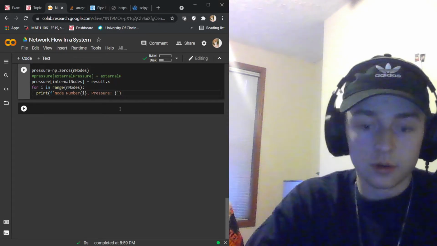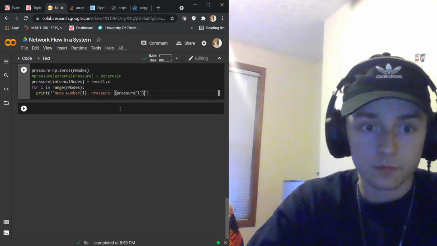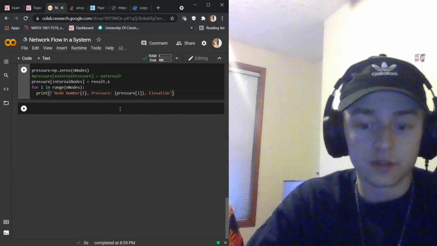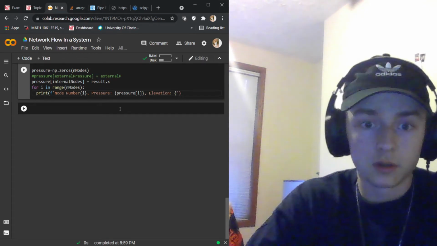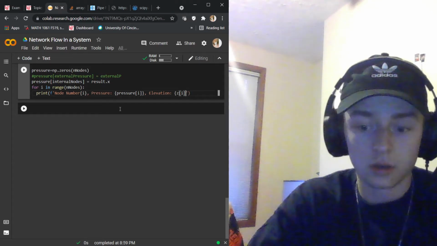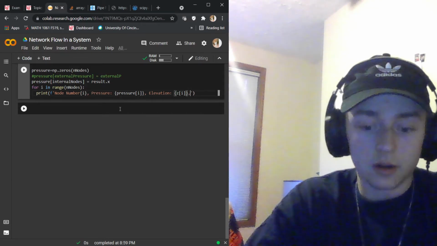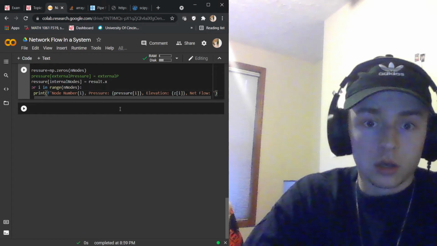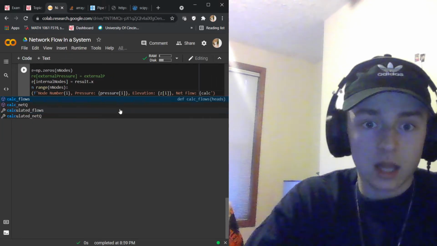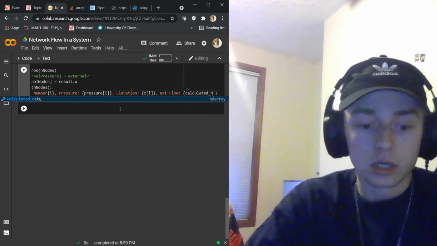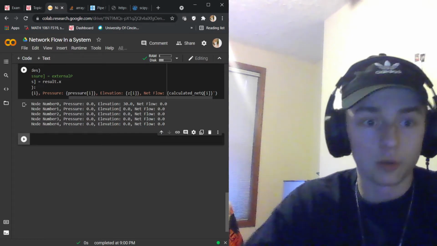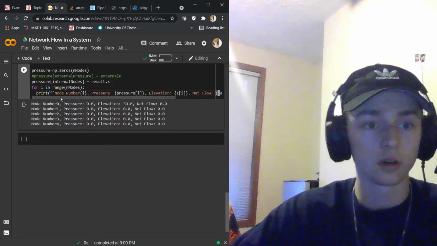Pressure is, and then we can say that our elevation for each of the nodes in the system is Z of I. And finally, we can say that our net flow is our calculated net Q of I. And it'll print all of them, but let me put a space here.